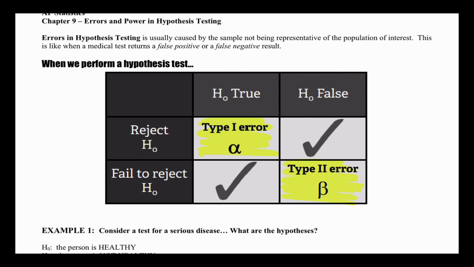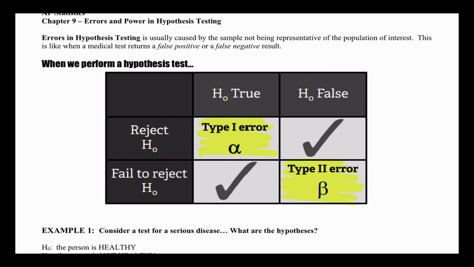We'll talk about this later, but it's kind of like a court of law. Guilty, not guilty. If you have enough evidence, you present it to the jury and they say guilty. That's rejecting. The claim is innocence, the claim is, I didn't do it. You reject that.